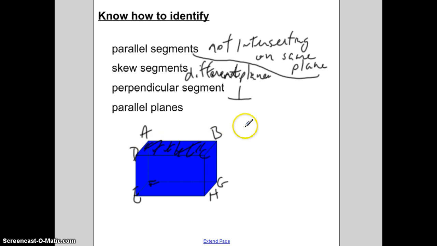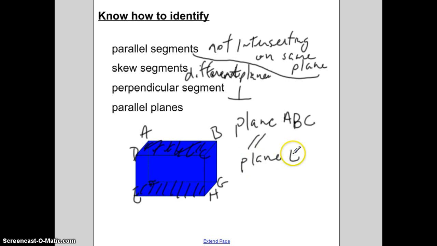Remember, to name a plane you only need 3 letters, so I could say plane ABC, and it is parallel to the plane down here. These are whole surfaces that won't intersect, so it's parallel to plane EHG, for example. Okay, you can name that many different ways.